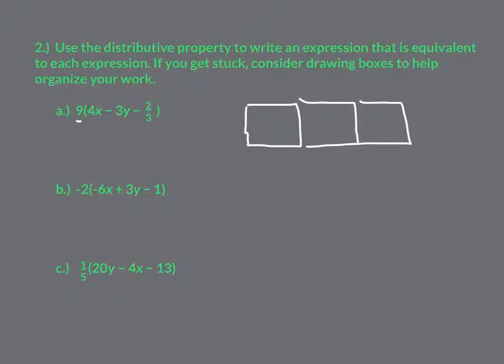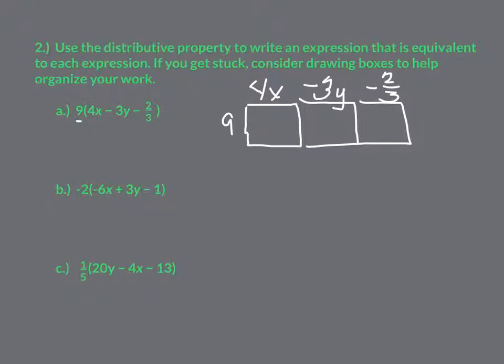And I know that the 9 goes on the outside here, and the parentheses go up top. So I've got 4x sitting on top of the first box, -3y, don't forget that, and then -2/3.